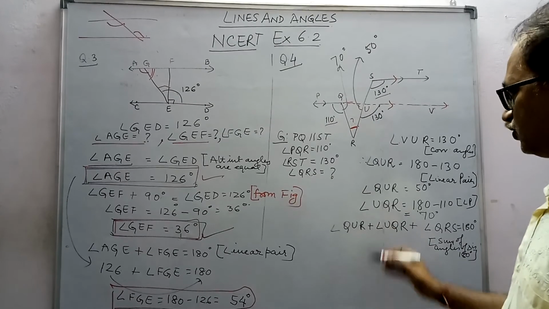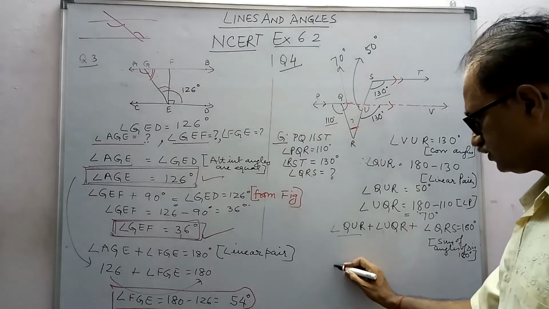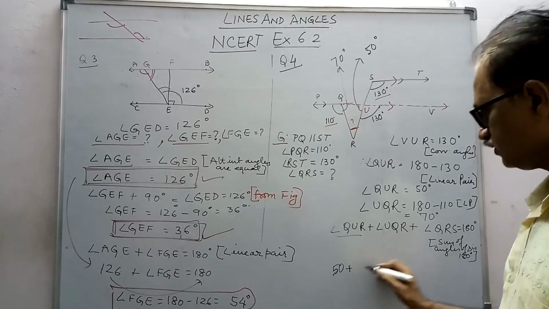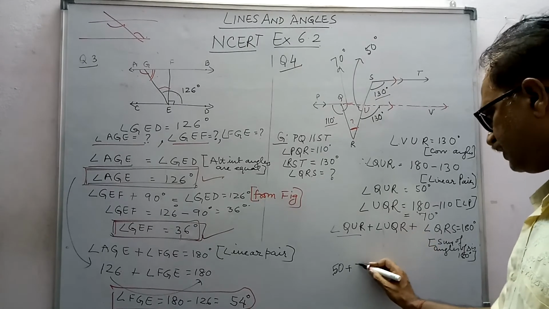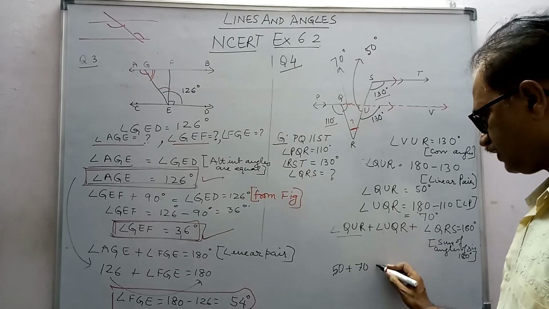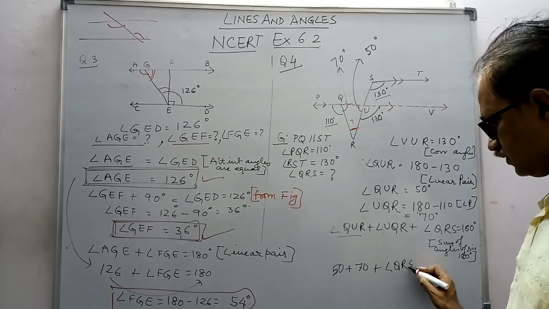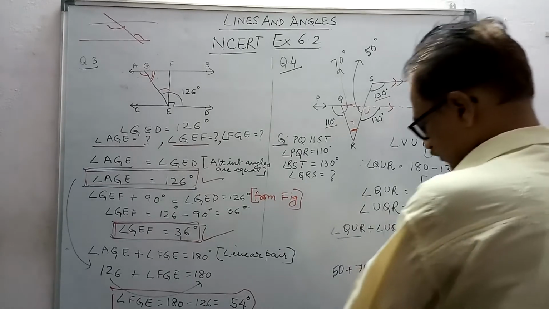Now you have already calculated QUR, that is equal to 50 degrees. So 50 plus UQR that you have calculated as 70, plus angle QRS, that is equal to 180. Add this: 50 plus 70 is 120.